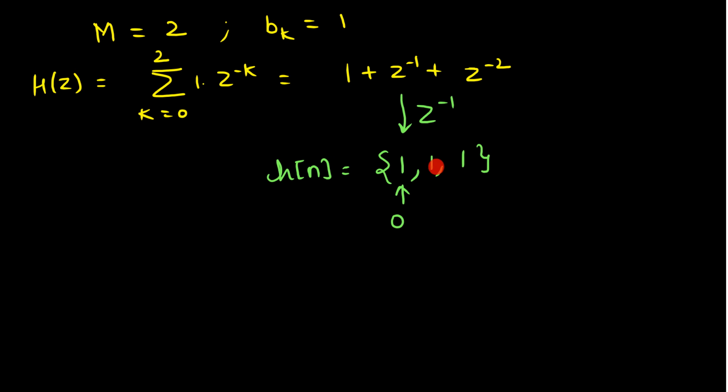So this is the sequence that we obtain, and we can see that this is of length m plus 1, that is 2 plus 1, which is equal to 3, and this is very well of finite length. And therefore these filters are known as the FIR filter.